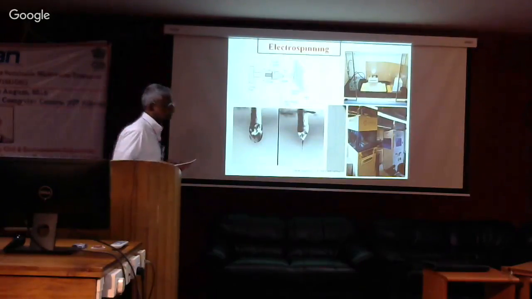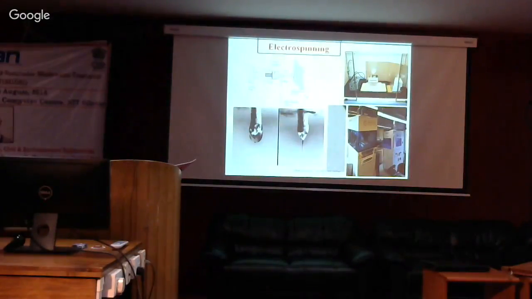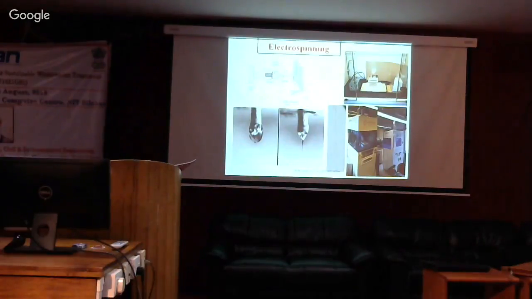What I'm trying to say is that suppose you have this mat. You take this mat and you then put it in your functionalization solution, and kind of keep it hanging in suspension.